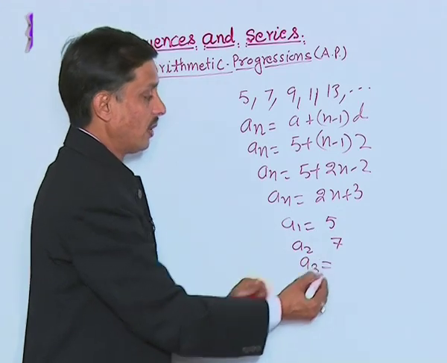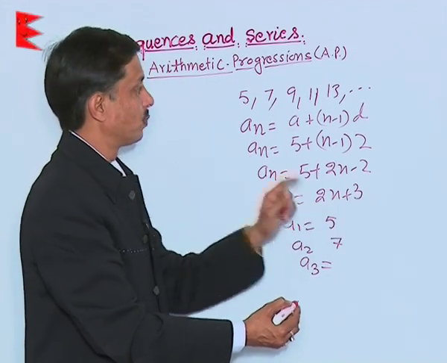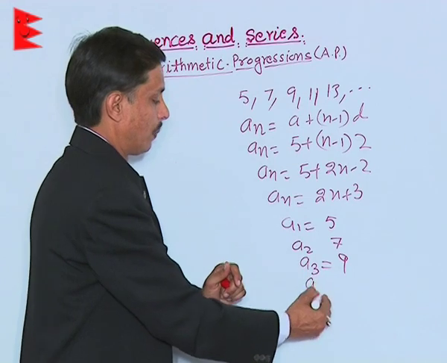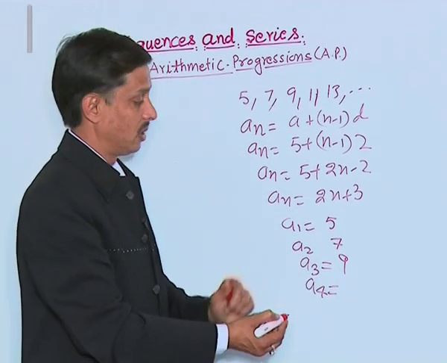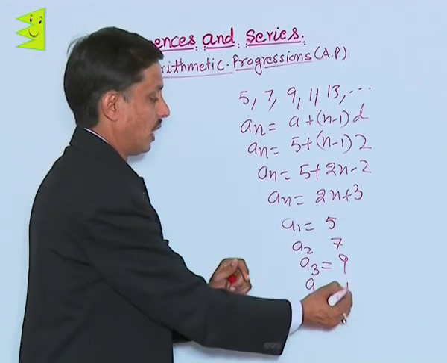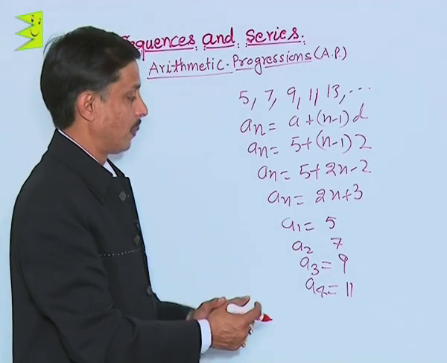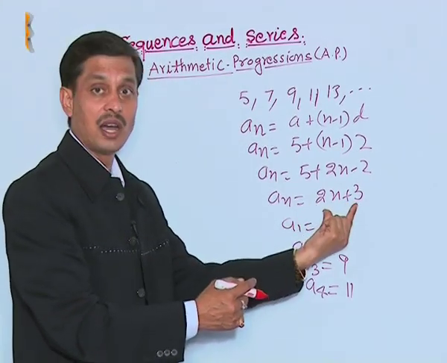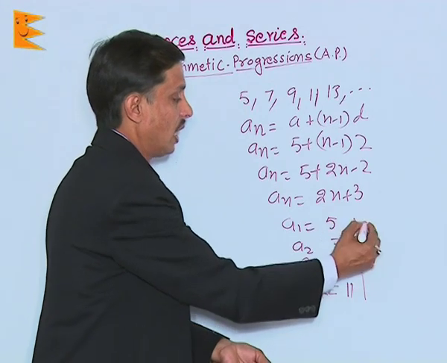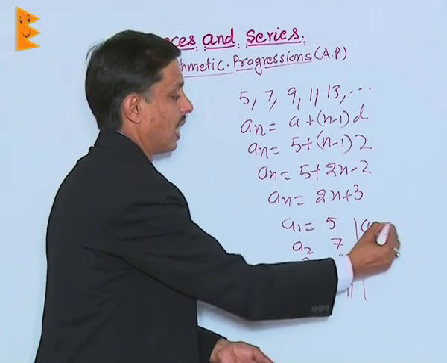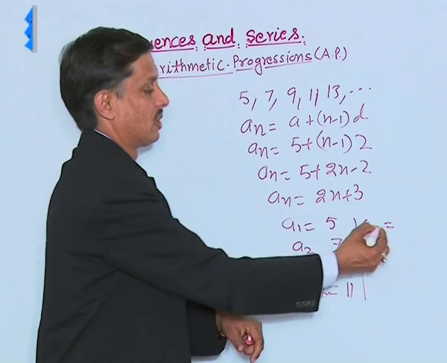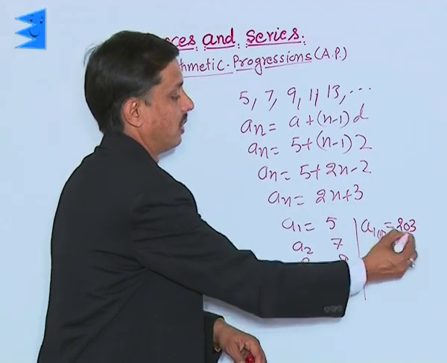If I put 3, I get 2 threes are 6 plus 3, 9. If I put 4, I get 2 fours are 8 plus 3, 11, and so on. Suppose I directly want to find the 100th term, a100, that will be 100 into 2, 200, plus 3, that is 203.